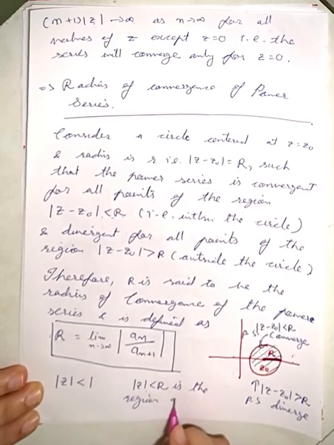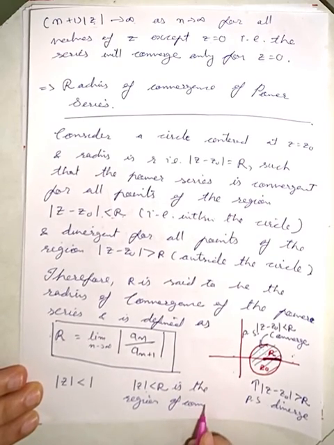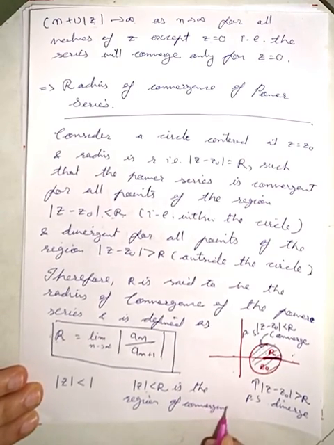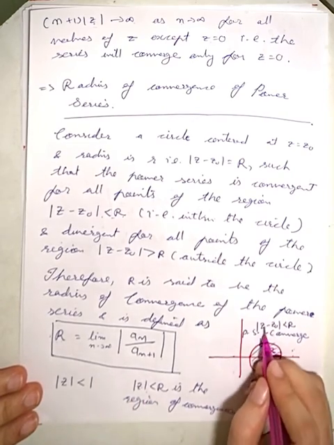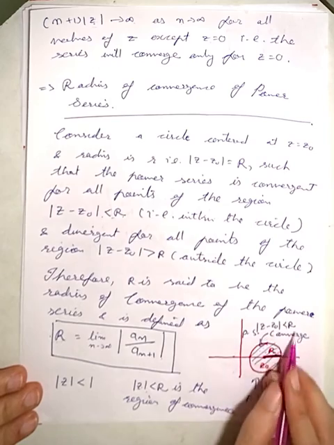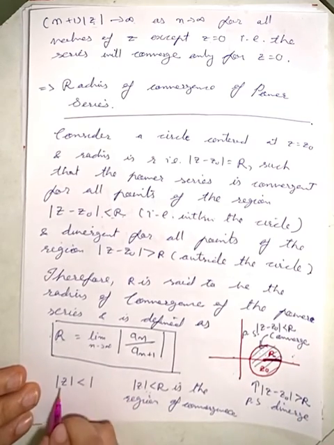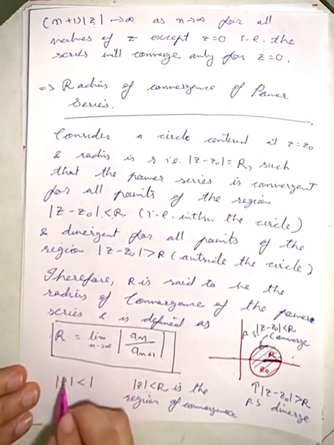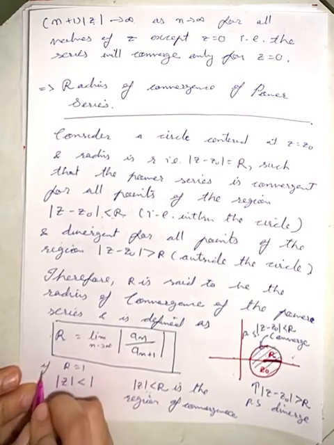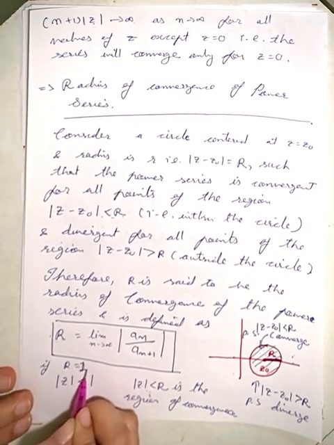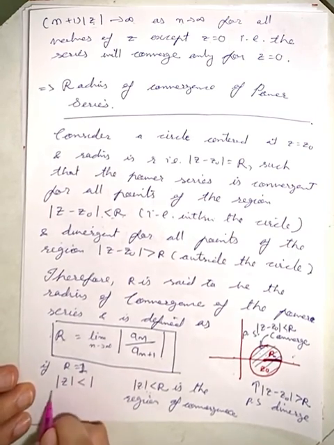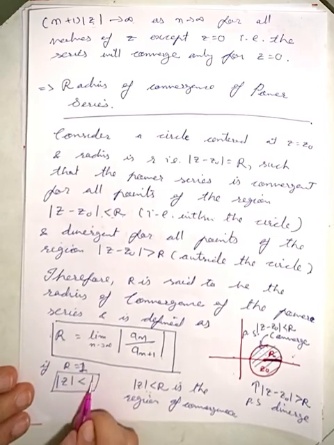Here I have just taken z0 equals 0, so it is just |z minus z0|. So if you find that the radius of convergence is 1, that means the region of convergence is |z| less than 1.